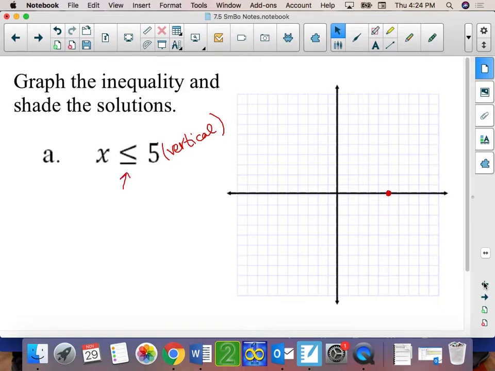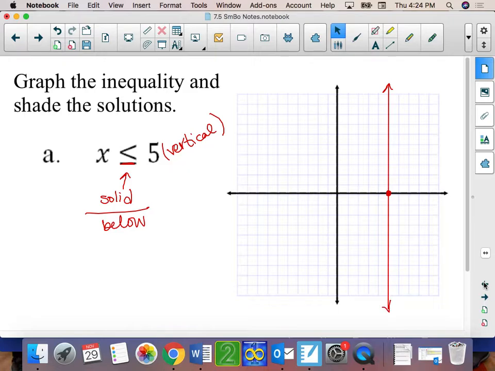I do have an equal to part, so this is going to be a solid line. And then if it's less than, we're shading below. Okay, so let's graph this line here. And it's going to look like this.